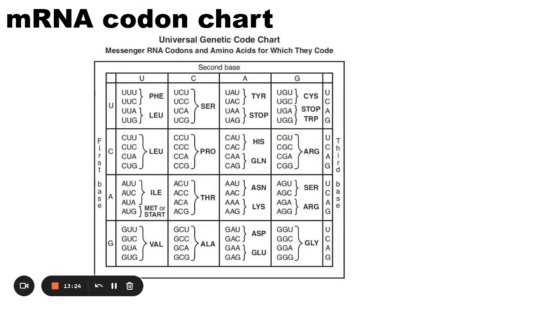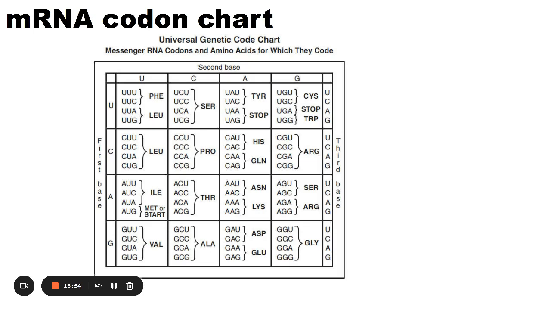This chart helps you to decipher which 3 letters correspond to which amino acids. The way you use this chart, let's say you were given a codon, AAG. You take the first letter, here it is, A. Then you look up at the top, A. See where they connect?